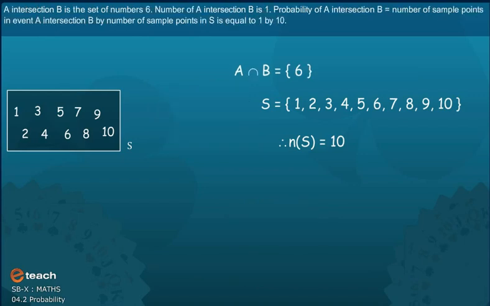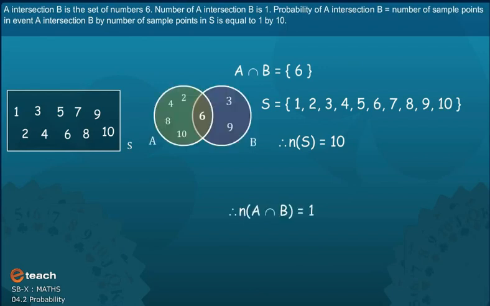A intersection B is the set of numbers {6}. So, n(A intersection B) is 1. Probability of A intersection B is equal to number of sample points in event A intersection B upon number of sample points in S, is equal to 1 by 10.